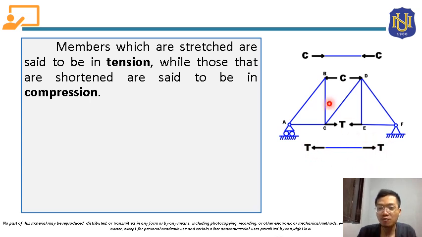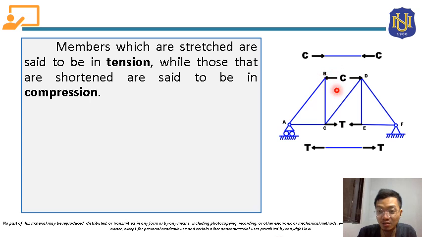So if we are going to transfer these forces from the free body diagram of this member to the free body diagram of the joint, let's say at joint B, it will be directed oppositely. If this is directed this way here, and we transfer it to the free body diagram of the joint, it will be directed oppositely.